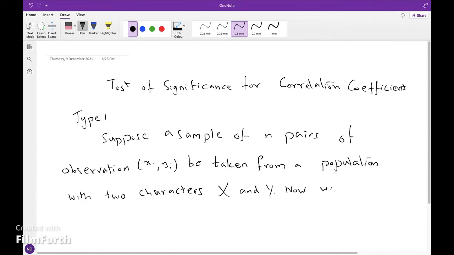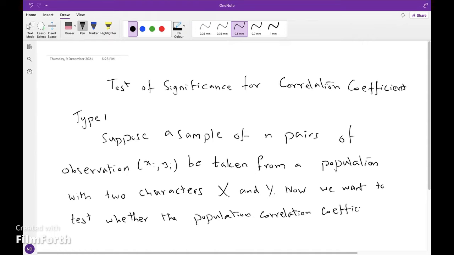Now we want to test whether the population coefficient is 0.